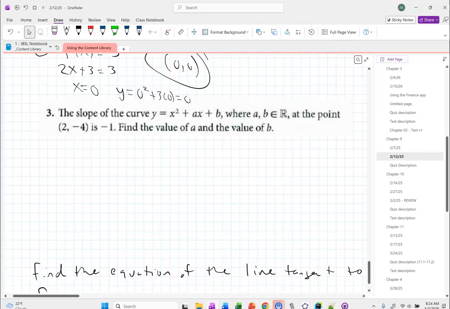Okay, here it says the slope of the curve y equals x squared plus ax plus b, where a and b are real numbers, at the point 2, -4 is -1. Find the value of a and the value of b.